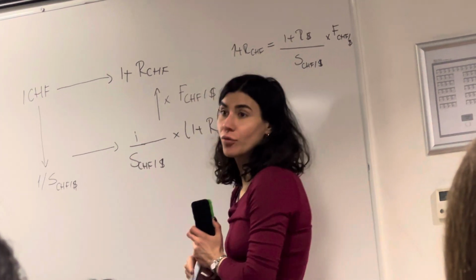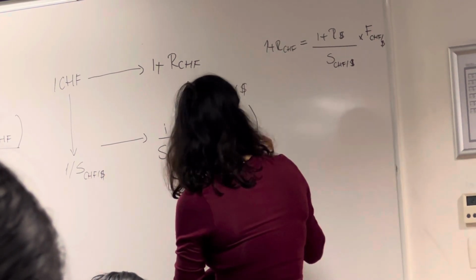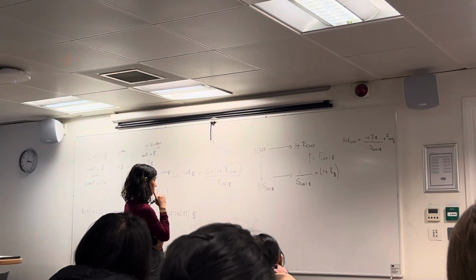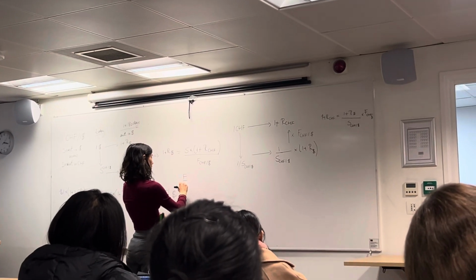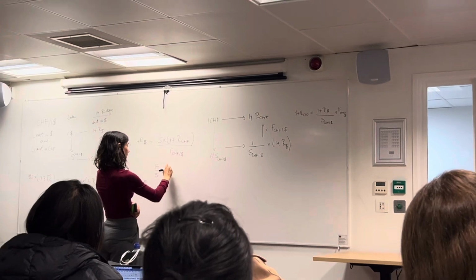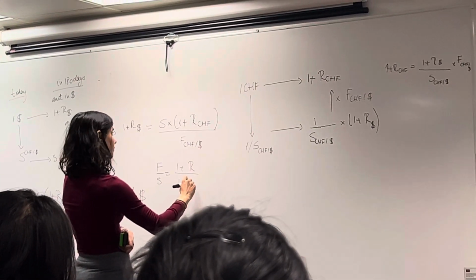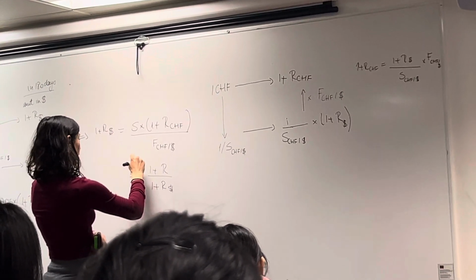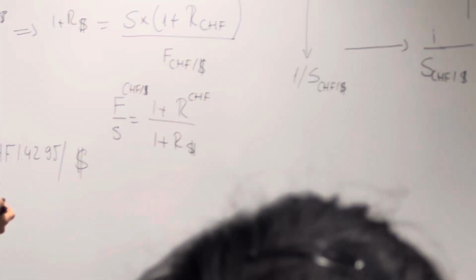This is the exact formula, because this is the actual derivation of IRP. Or if you do memorize it, you can rearrange it such that it's a bit easier to remember. For example, you could remember it like that: 1 plus r dollar, so this is CHF over dollar, and this is CHF.